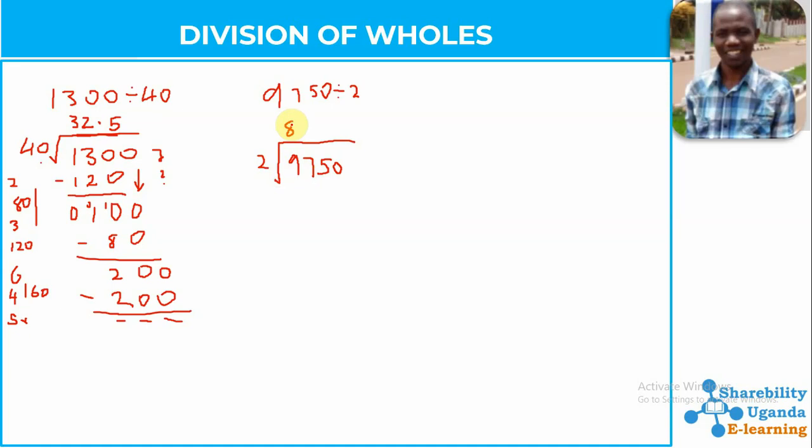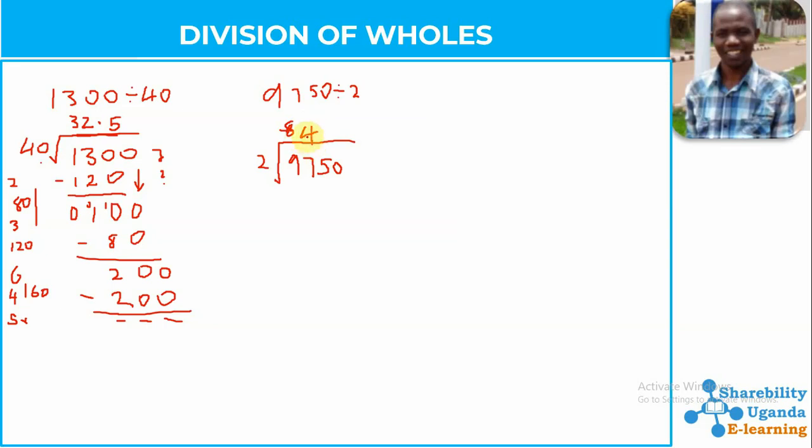Really? No. Okay, so if we try out a 4, 9 divided by 2, we get 4.